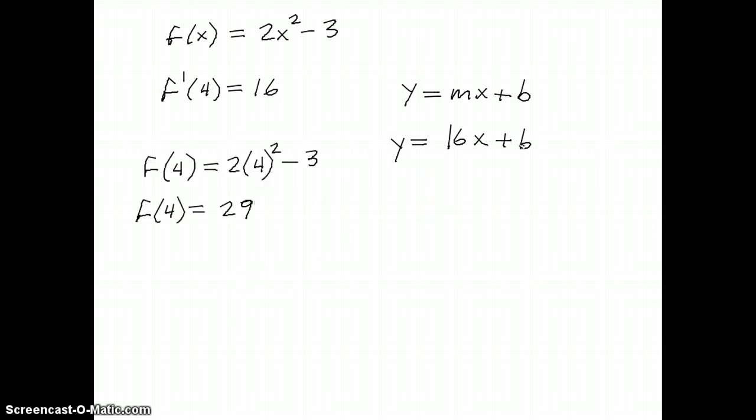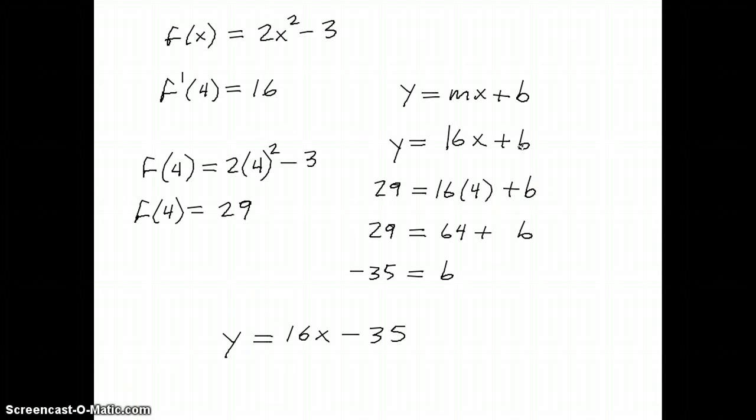So when we plug in 4 on our graph, we end up with a y value of 29. So I'm going to use when y is 29 and x is 4 to figure out the b value. So I plugged in my point and I ended up with a b value of negative 35, which means that the equation of the tangent line at 4 on our graph is equal to 16x minus 35.